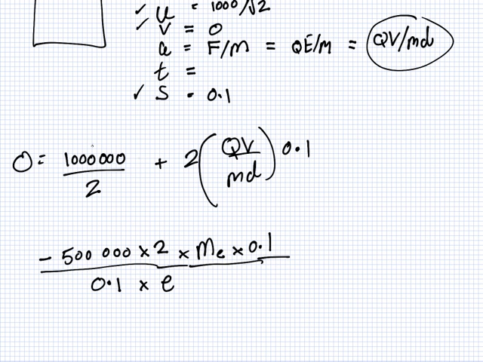I just took this to the left, and then the MD went up, the Q went down, and 0.1 went down, and I just kept the V by itself, which is what I want.